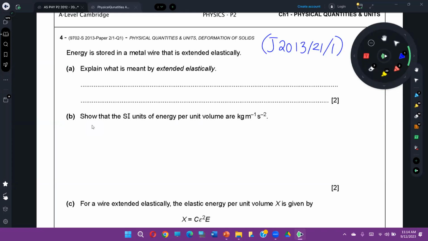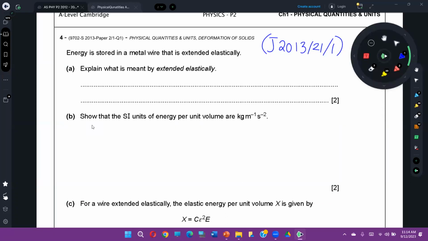If you have a spring and you stretch it within the elastic limit, it is called extended elastically. What is elastic extension? You extend something within a limit of Hooke's law and you leave it and it goes back to the same size.